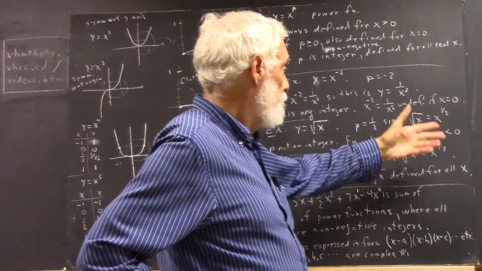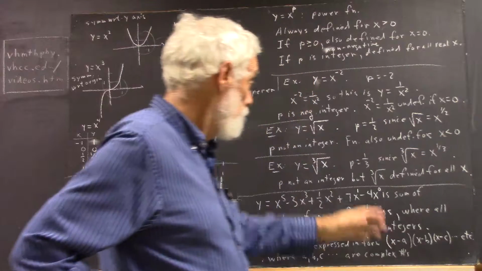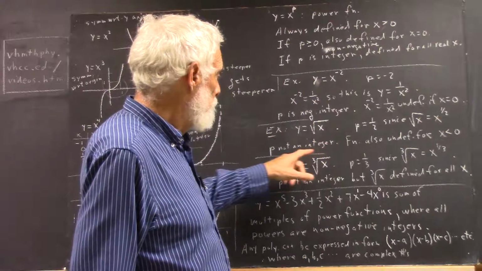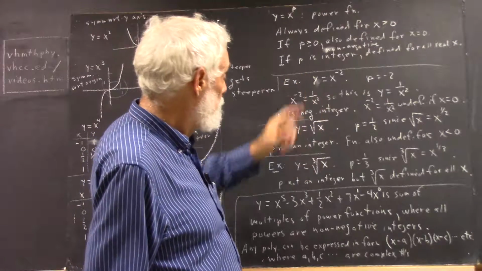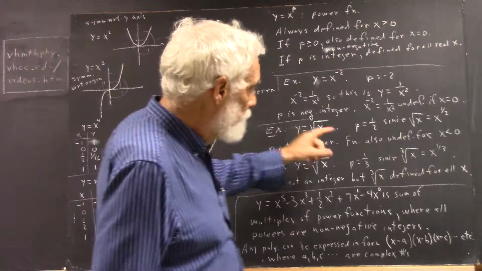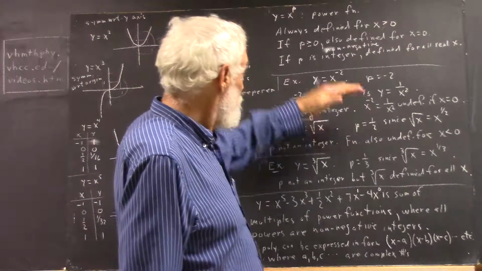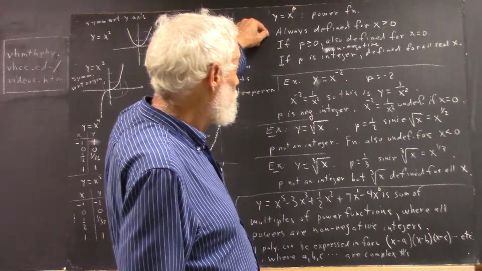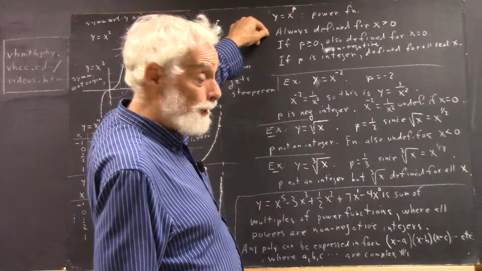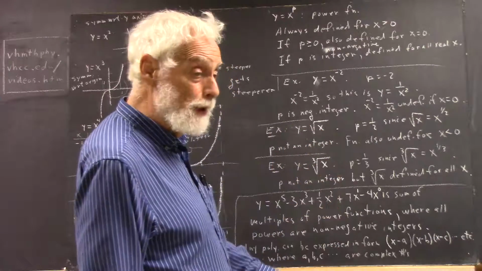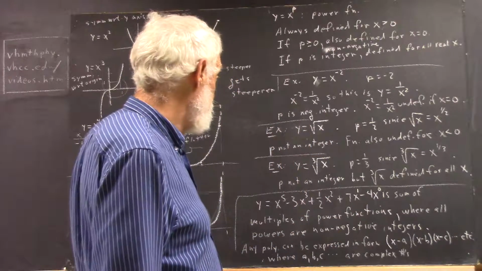So we see that this function is undefined when x is less than 0. We're familiar with this function. We understand that. And here's an example of a non-integer value of p that isn't defined when x is less than 0. So this is related to the fact that I said this function is always defined whether p is positive or negative if x is greater than 0. Not always defined if x is less than 0.